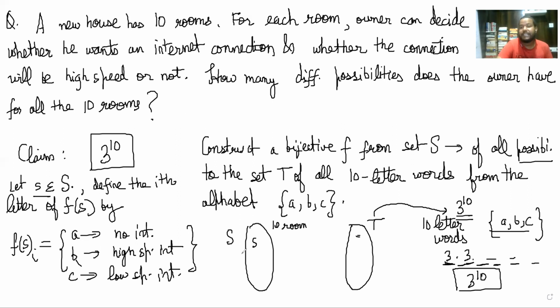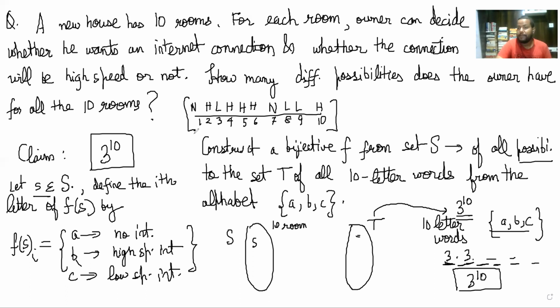You can easily verify that every possibility has a unique string. Every possibility, you can check for yourself. Take rooms 1, 2, 3, 4, 5, 6, 7, 8, 9, 10, and say no internet, high speed, low speed, high speed, high speed, high speed, no internet, low speed, high speed. Suppose this is my situation.